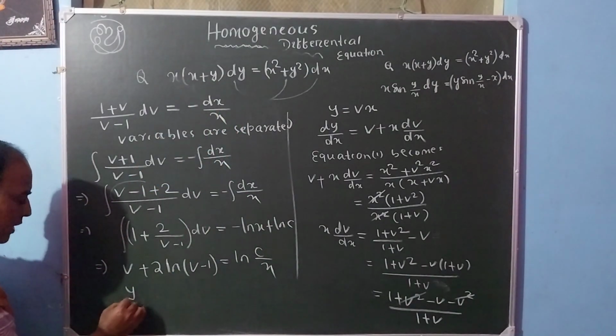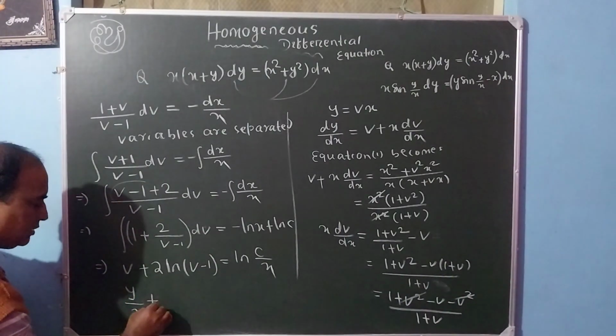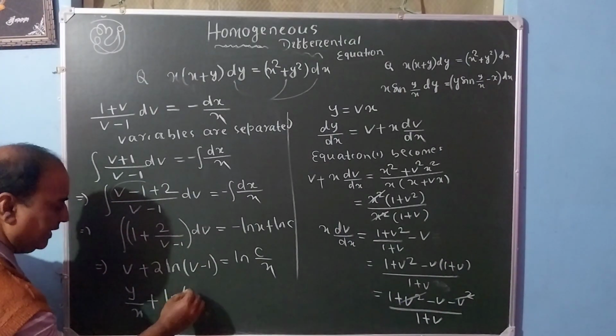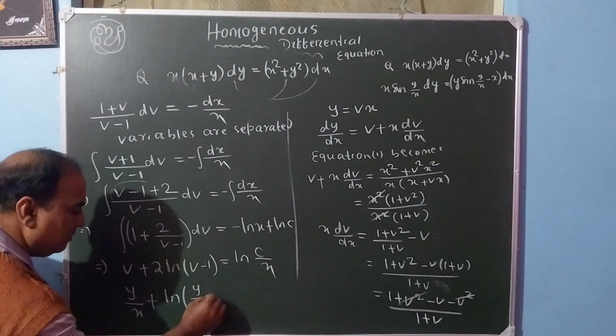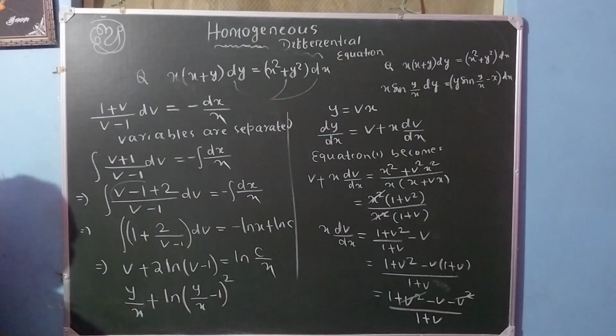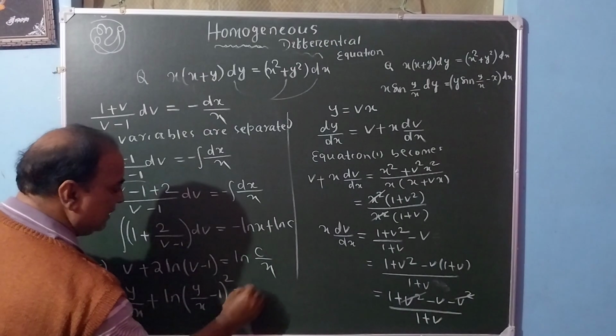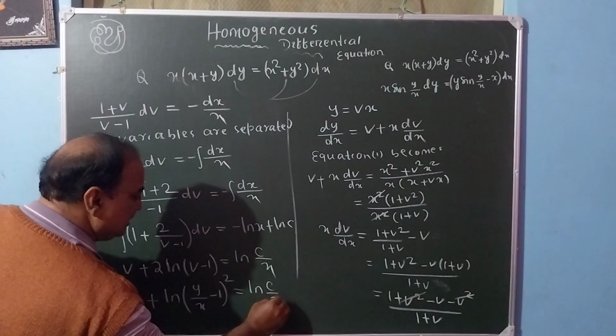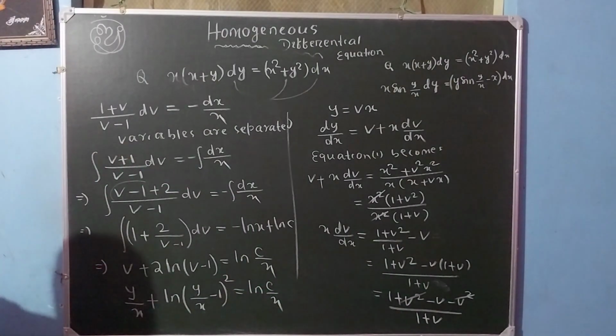Write down y by x plus ln, here it is y by x minus 1 to the power 2. 2 will go to that side, so that is ln c by x. Okay, so we get the answer like this.